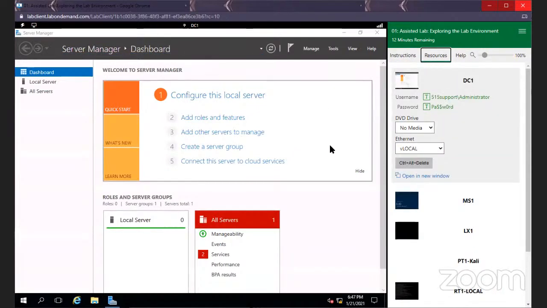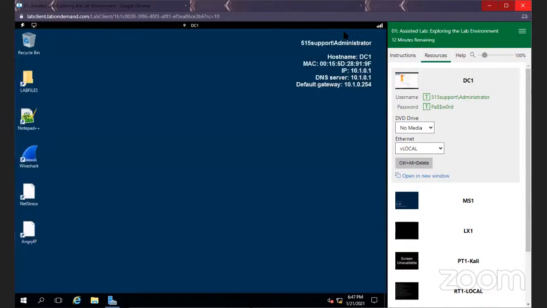So don't worry, you can always go back and look at it. So we're logged into our domain controller now. Okay, this is our domain controller. I just logged into it, typed in my username, typed in my password, and you see the desktop.